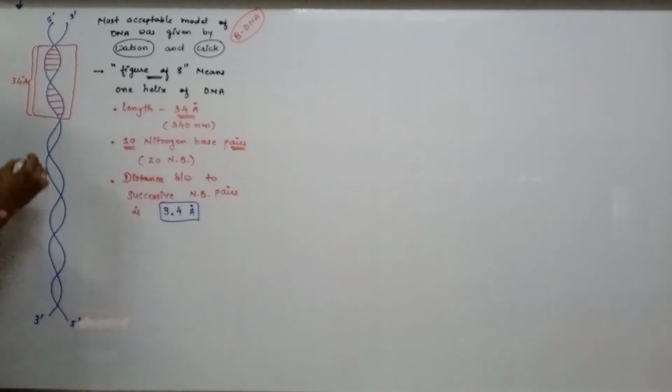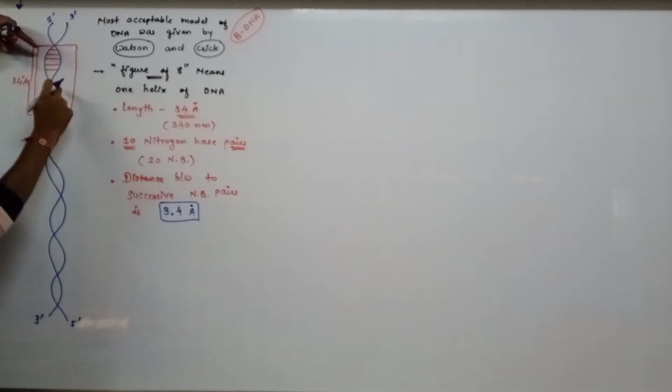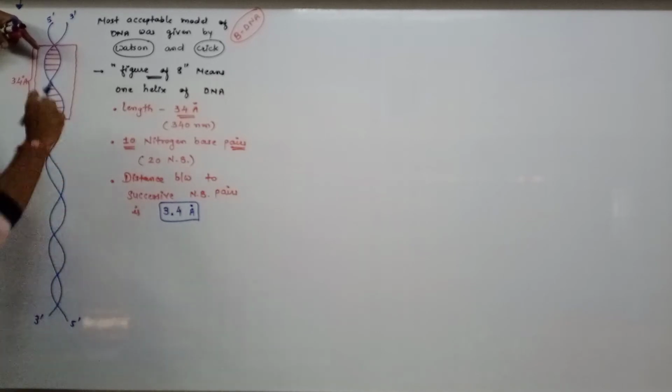Okay, so here you know that, see, 1, 2, 3, 4, 5, 6, 7, 8, 9, 10. Each red transverse line indicates one nitrogen base pair, so here a total of 10 nitrogen base pairs are there.